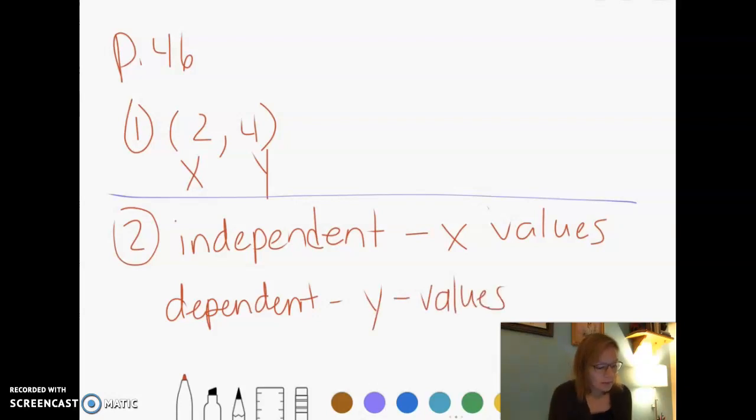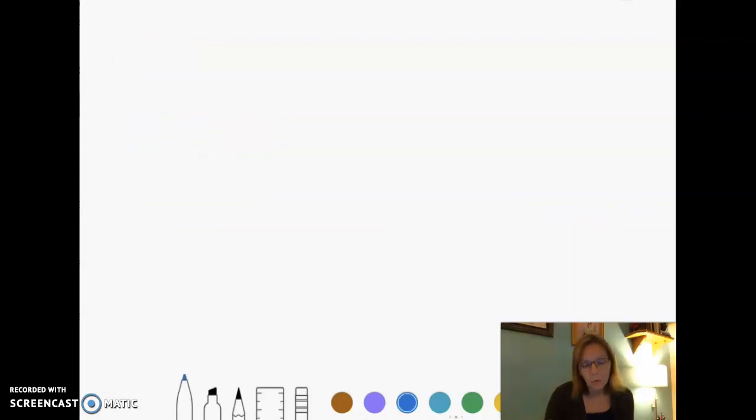Number 3 says give an example of a relation, identify the domain and range. So a relation is just a set of ordered pairs that go together. So I could come up with any set of ordered pairs.